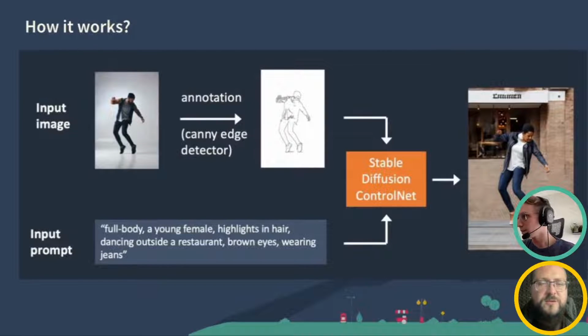Gastón, we have a question from the audience. They are asking if the resulting image of the diffusion with ControlNet is the same size as the input image. Good question. So the model has a fixed input and a fixed output size.